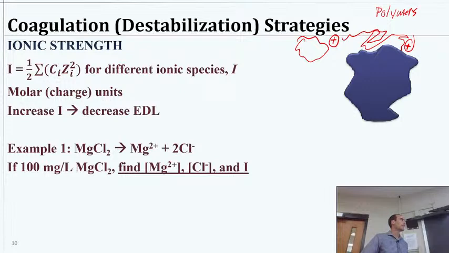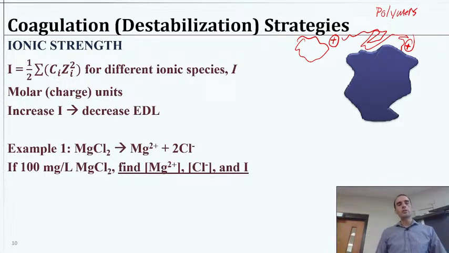You've probably seen ionic strength before. This is a term we can use to describe how many ions are in solution, or really some concentration that accounts for the charge. So it's the amount of charge in solution rather than the actual ions themselves.